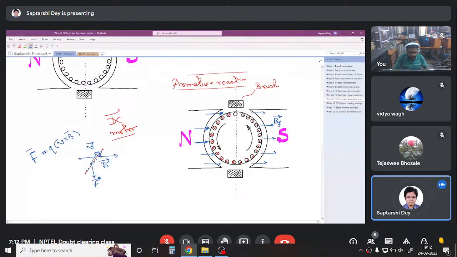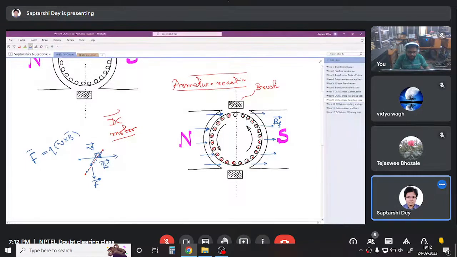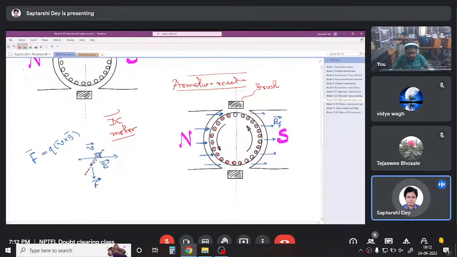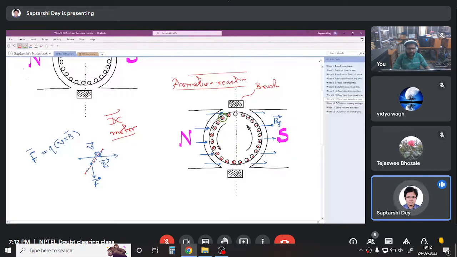Now let us take, say I will draw it green, this conductor. This conductor is carrying a current, so it will create a magnetic field around it. The current is going in, so the magnetic field around it will be in this direction.